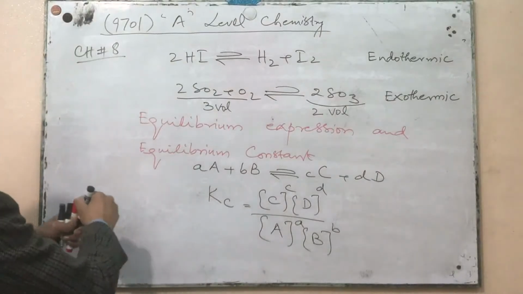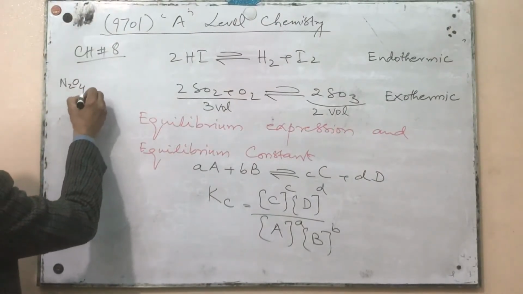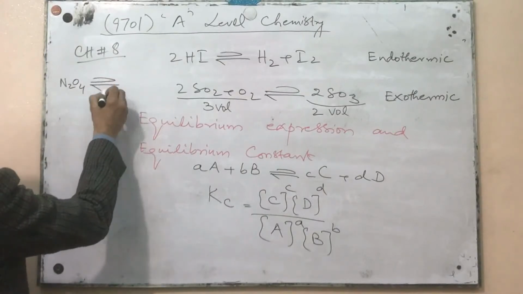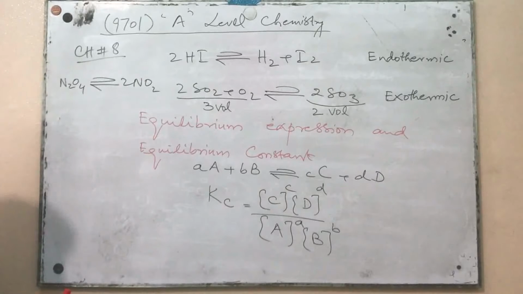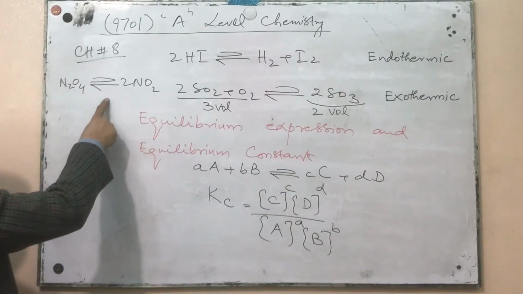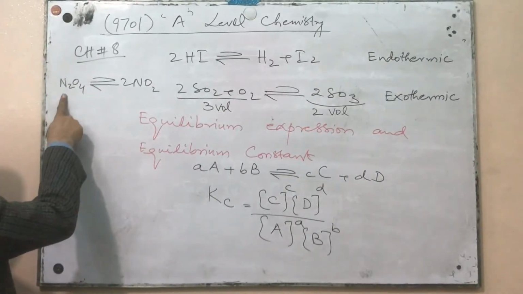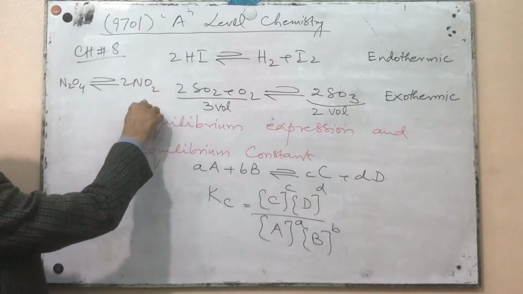For example, if we write this equation N2O4 gives 2NO2, what will happen for this reaction if we increase the pressure? The reactant has 1 volume and the product has 2 volumes.